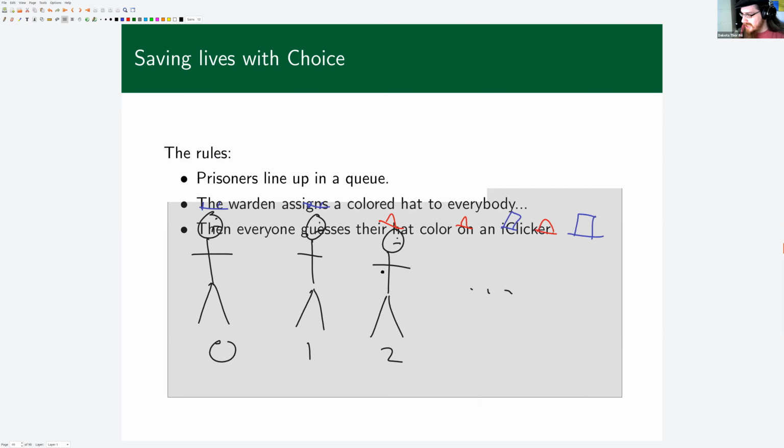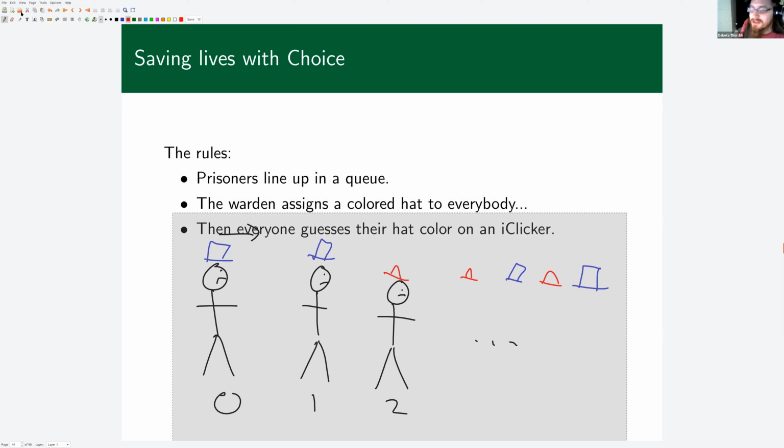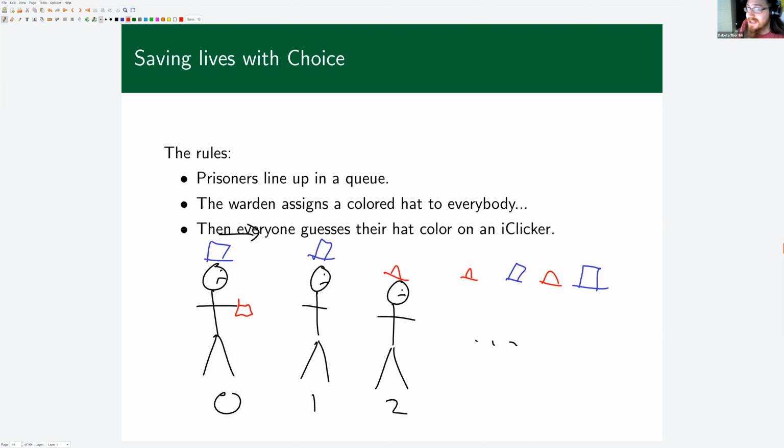Everyone's got these remotes that large lecture classes use to collect answers from students, and everyone guesses at the same time what their hat is. Okay. And if they guess correctly, then they get to go free. But if they guess incorrectly, then a trapdoor opens beneath them and they fall down a chute into an alligator pit. Okay.